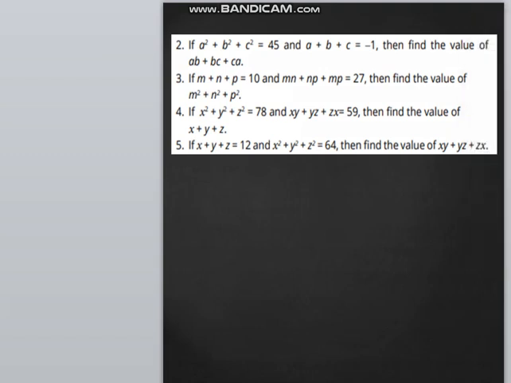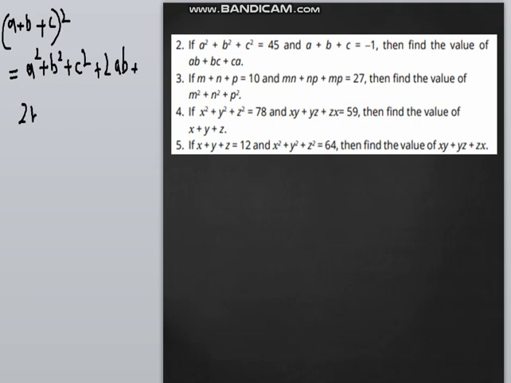So the formula is (a + b + c) whole squared is equal to a squared plus b squared plus c squared plus 2ab plus 2bc plus 2ca.